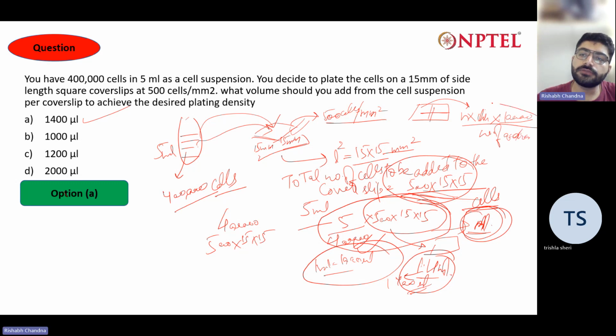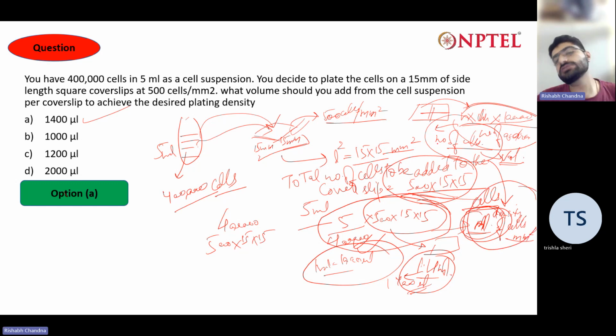From this formula, you can calculate the number of cells, and you would know how much volume of cells you have. From that scenario, you can calculate the density of cells to be added per millimeter square.